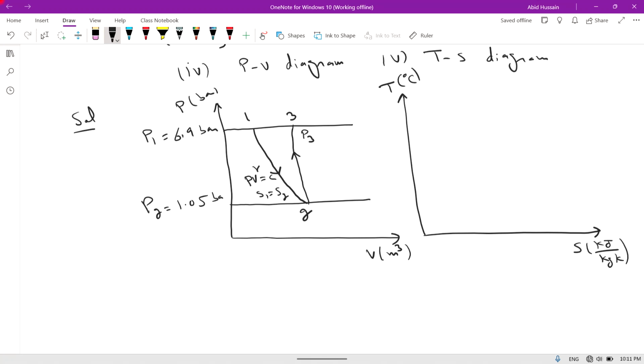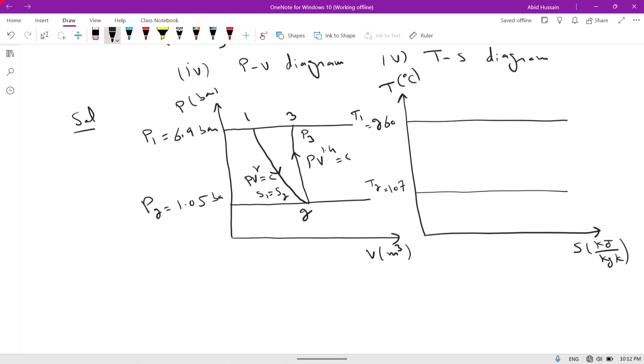This process is PV^1.4 equal to C. Now we draw the TS diagram. Initial temperature T1 is equal to 260 degrees centigrade, a constant temperature line. The final temperature for the first process, T2, is equal to 107 degrees centigrade.